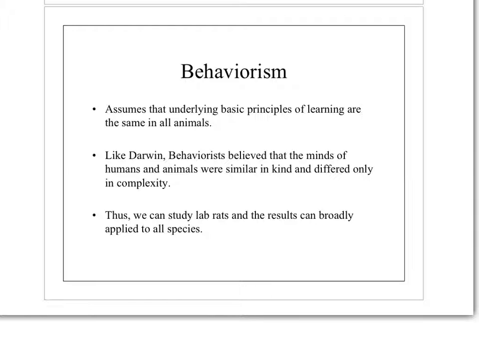Obviously, rats and humans are both mammals, and we show a lot of the same cognitive processes as each other. Not entirely, obviously. We don't have rats reading Shakespeare or something like that. But of course, there are things that rats can do that we can't.